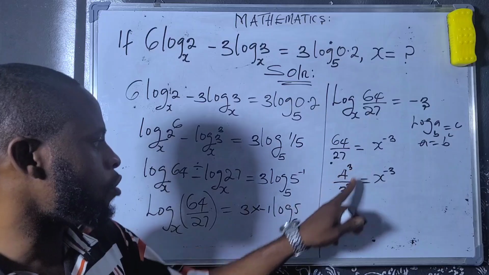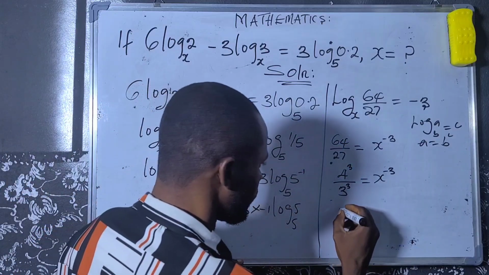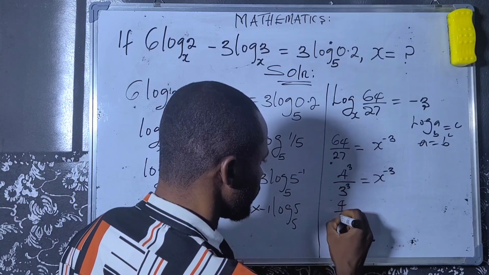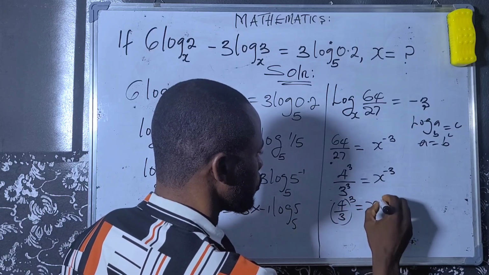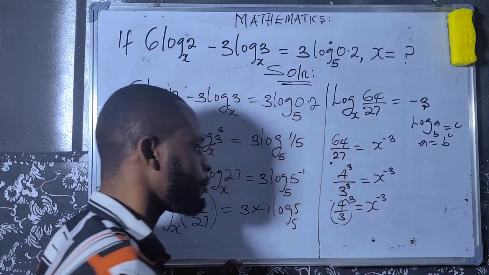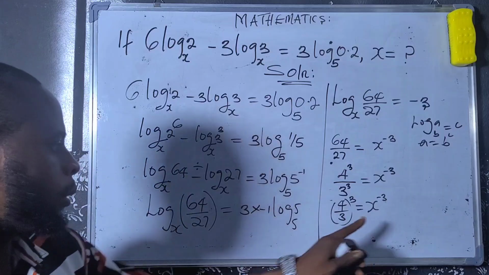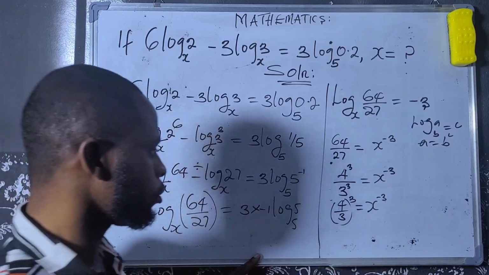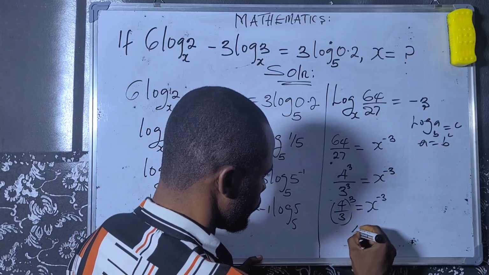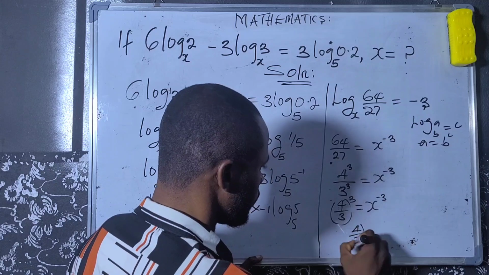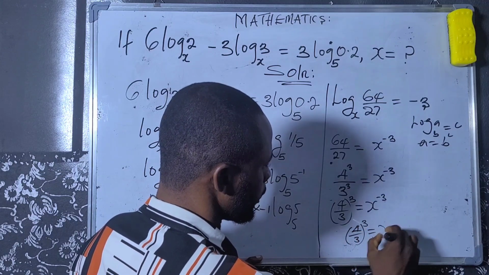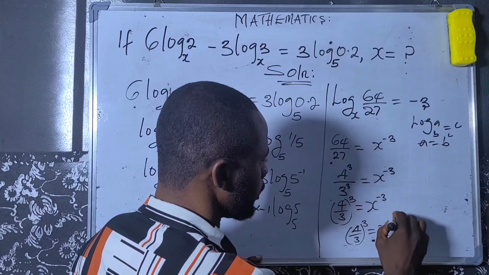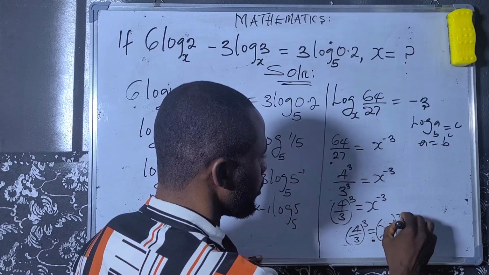Then since they have a common power, we can rewrite this as 4 divided by 3 all raised to the power of 3 equals x to the power of negative 3. Now we can also simplify this. Then as such, we are going to have 4 divided by 3 to the power of 3 equals x to the power of negative 1, all to the power of 3.